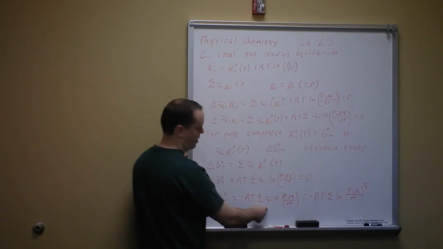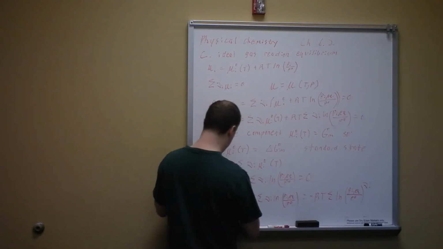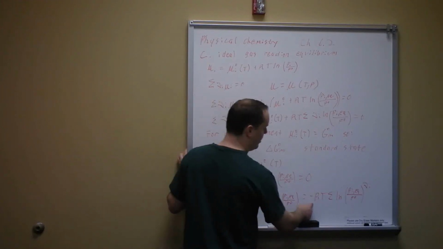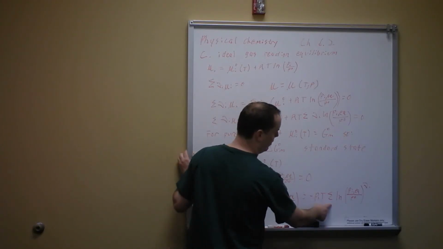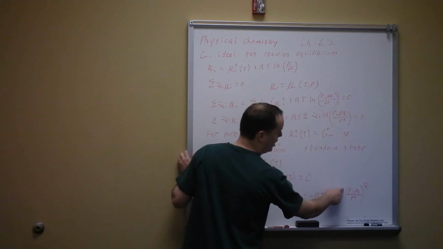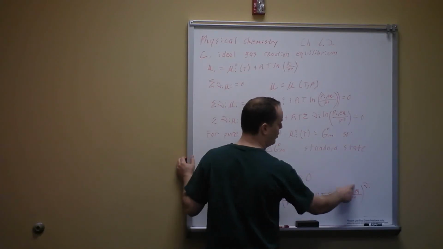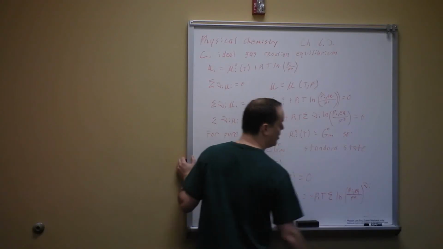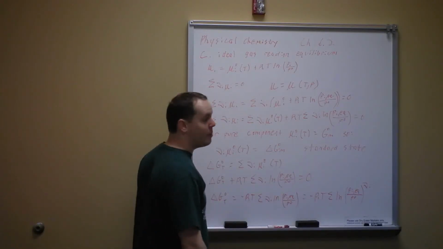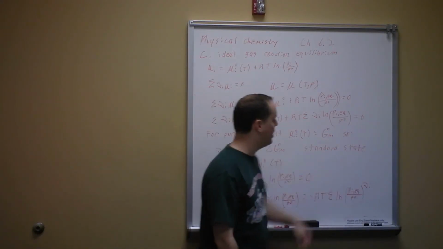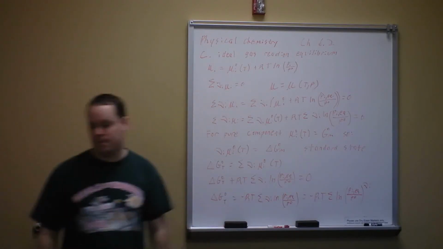That's just a rule of natural log and exponents. So then we have delta G T naught is equal to minus RT times the sum of natural log, the partial pressure at equilibrium for each substance I divided by 1 bar to the stoichiometric coefficient power. And remember, we'll still have positive for product and negative for reactants here.